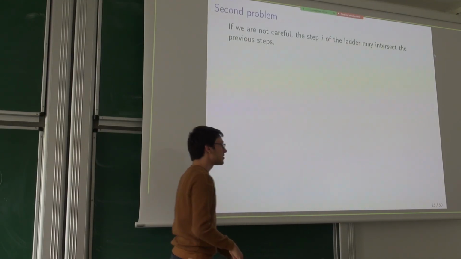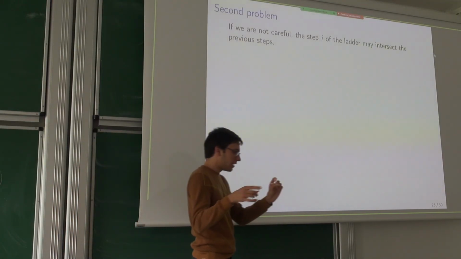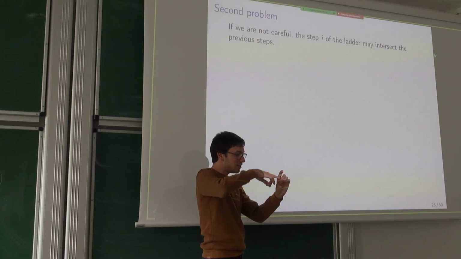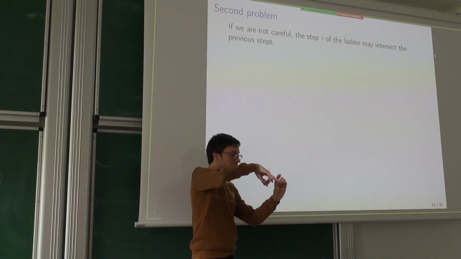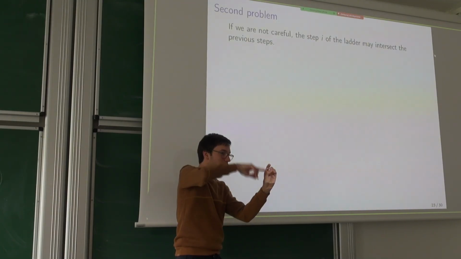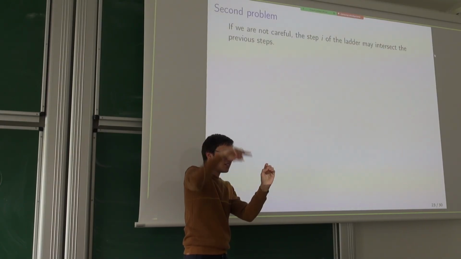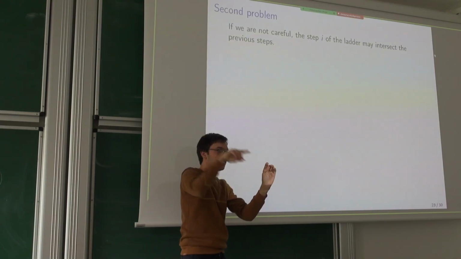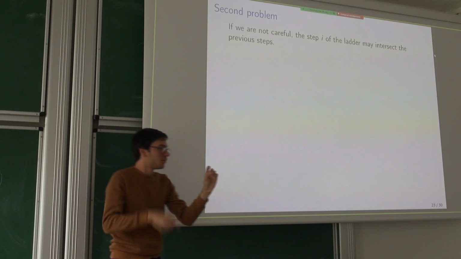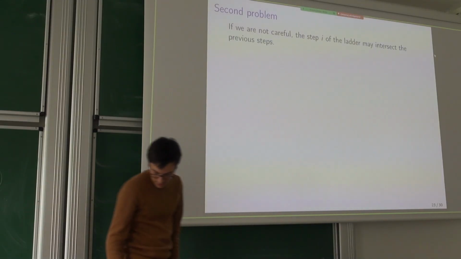But here, it's not so easy because, as you were saying, the bags are connected in the general graph. So maybe you are building a new obstruction inside your torso, but actually in the real graph, the paths will go outside to come back, and so maybe you will now intersect what you were building before in the ladder with what you are building inside your block. So that's a big problem.